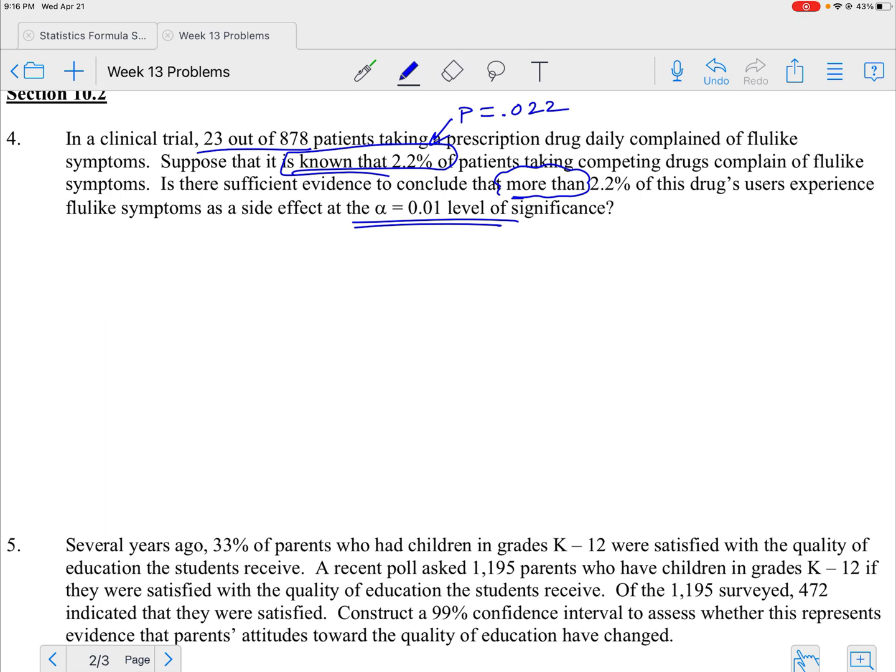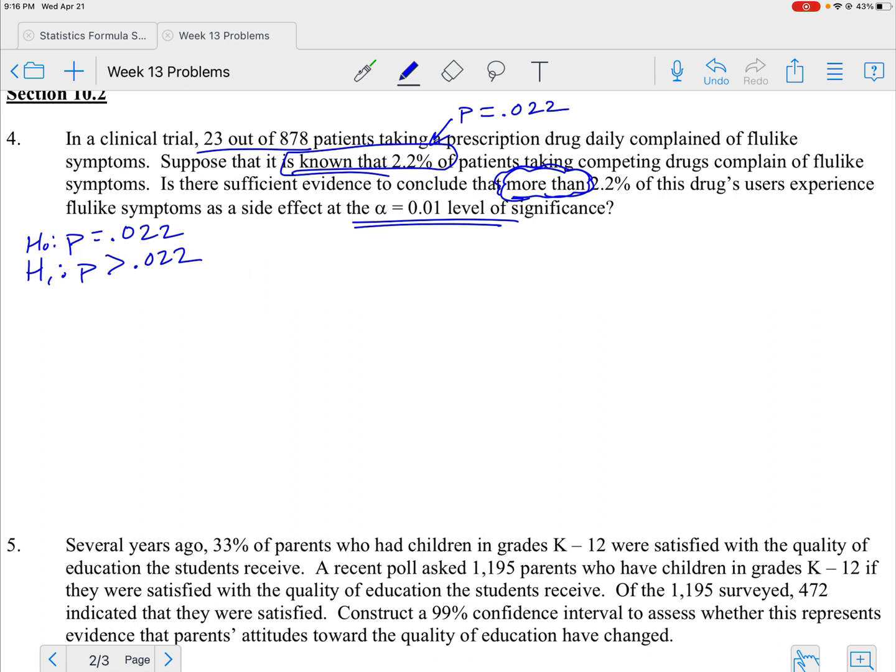All right, so all of this information is going to be helpful. So if I'm looking at my null hypothesis, it is known, so my proportion is equal to 0.022. My alternative hypothesis, what we're trying to figure out, is still a proportion, but it says more than. Because this says more than, I know it's going to be greater than 0.022, right? So that's what we're looking at. All right.